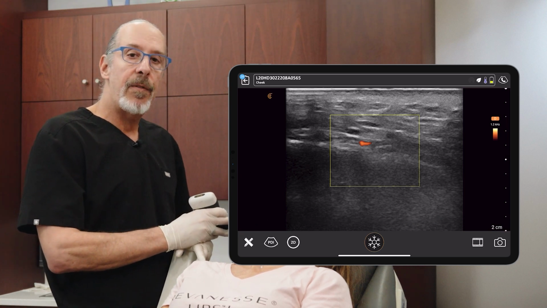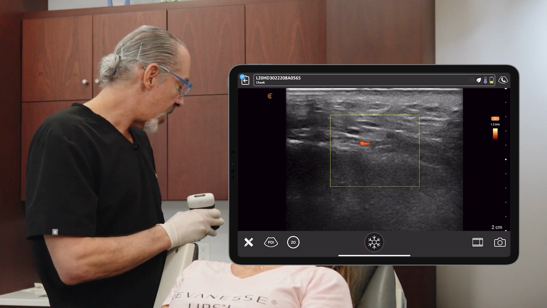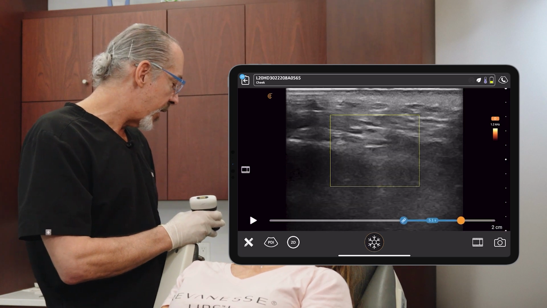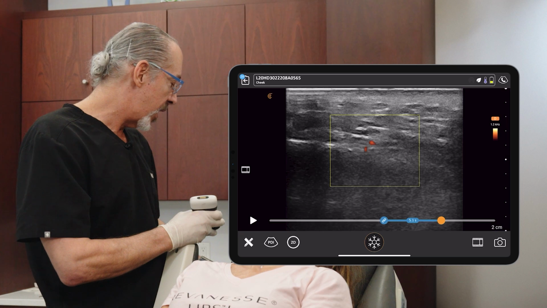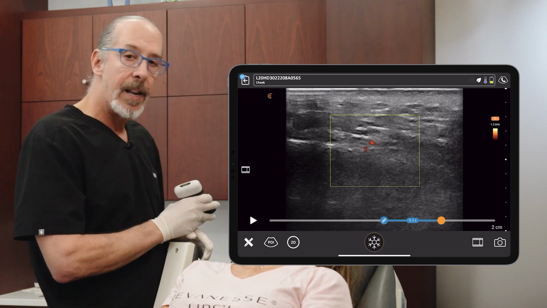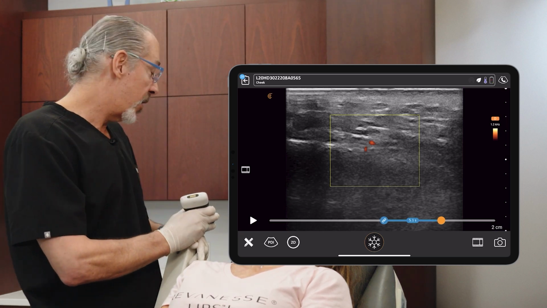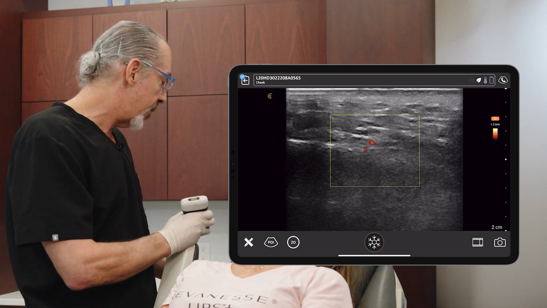So this is the infraorbital artery. And that's in the exact area where I told you that the foramen was as well. And you can actually see it coming out of the foramen right there. So that's the infraorbital artery coming out of the foramen.